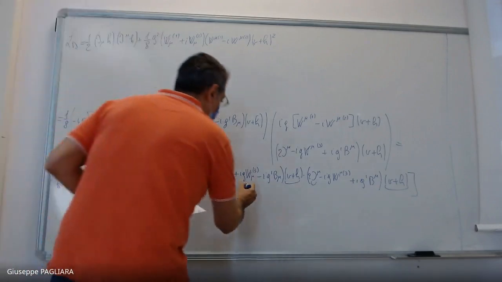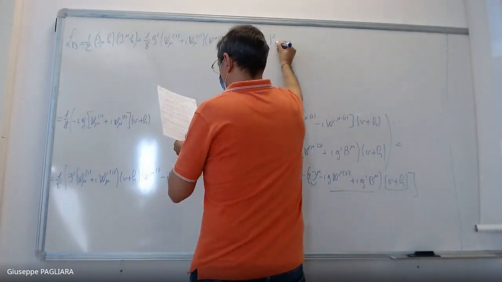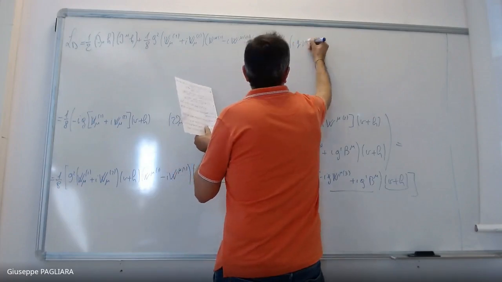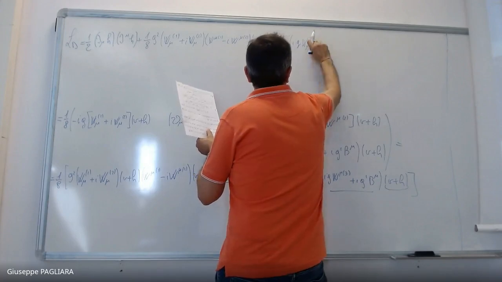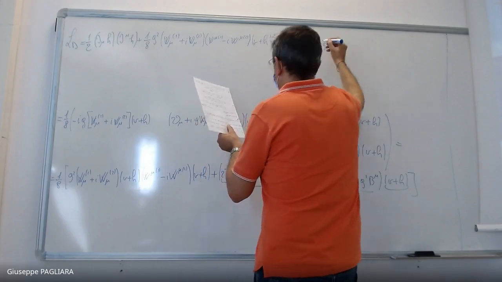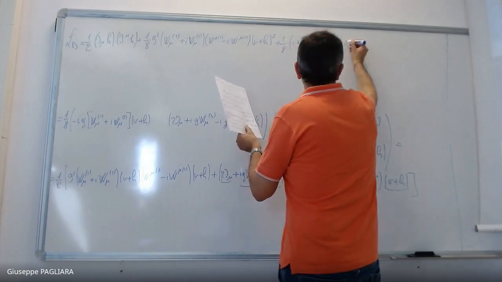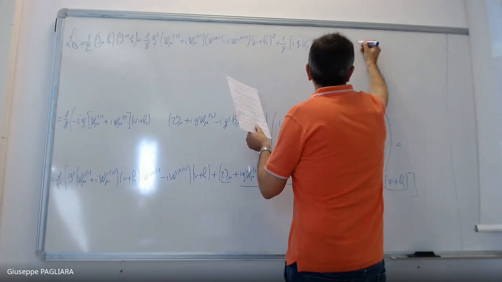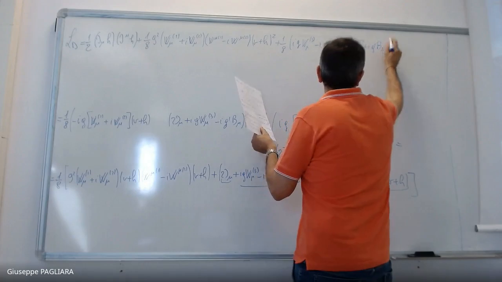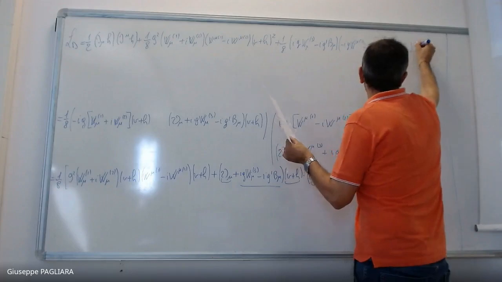And then we have the remaining pieces, which is this one and this one, and of course the same object. So this is plus 1/8 of i g W3 minus i g prime B mu, times minus i g W3 plus i g prime B mu, times v plus H squared.